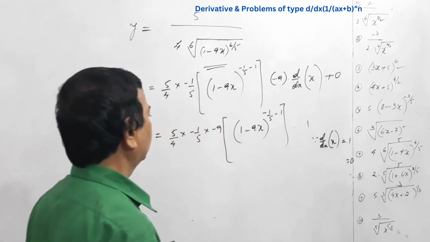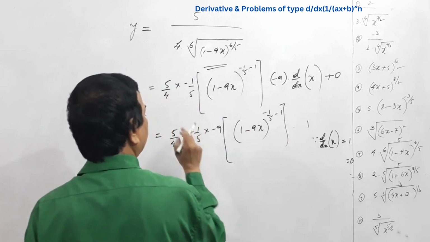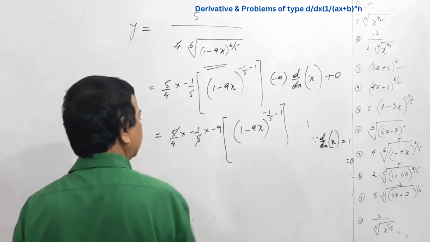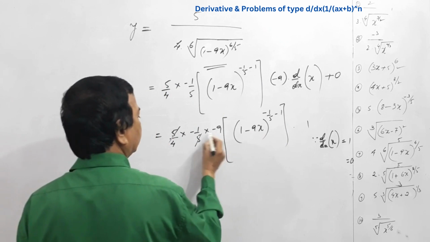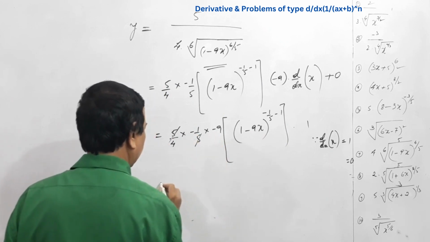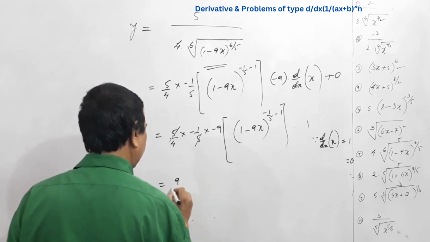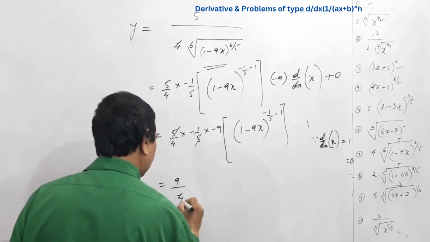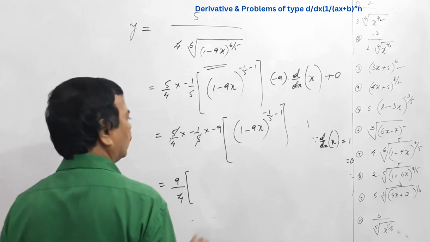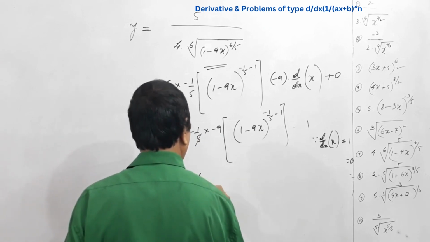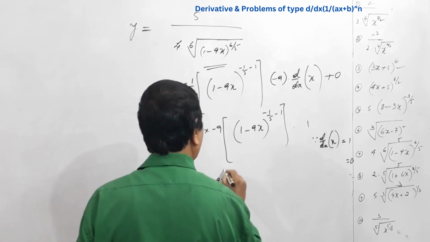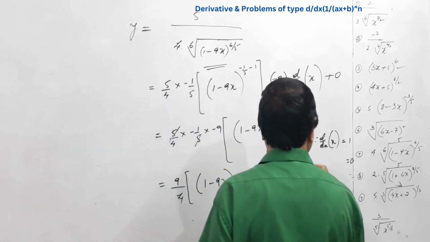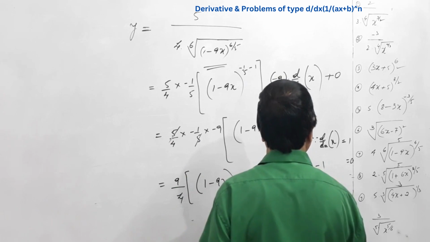So minus into minus is plus, and 5 cancels, that is equal to 9 by 4 into 1 minus 9x to the power of minus 1 by 5 minus 1.